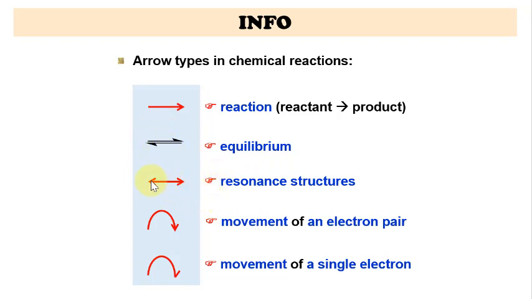This arrow is for resonance structures, and this arrow shows the movement of an electron pair. We use it to show the movement of electrons, usually in heterolytic cleavage. And the last arrow here is for the movement of a single electron. We use it for homolytic cleavage.